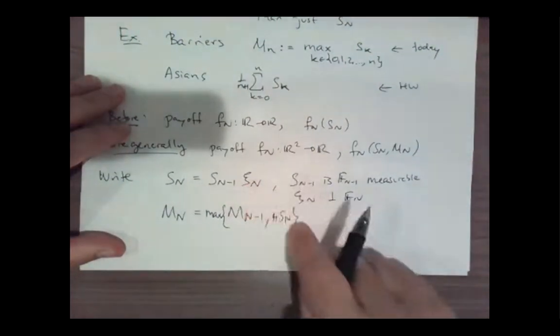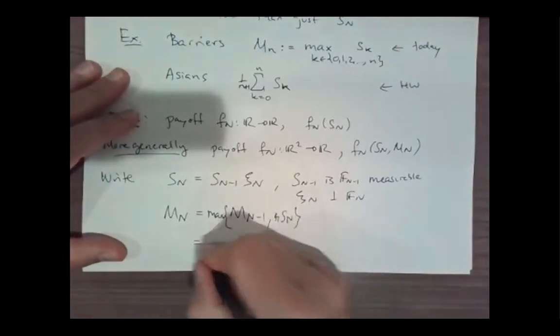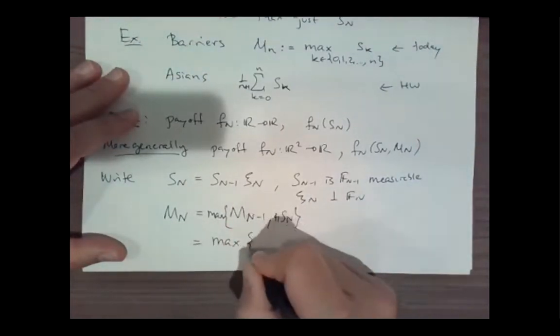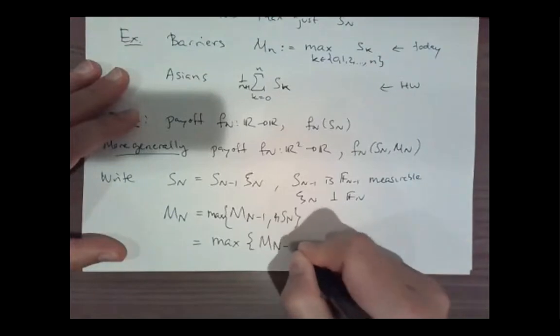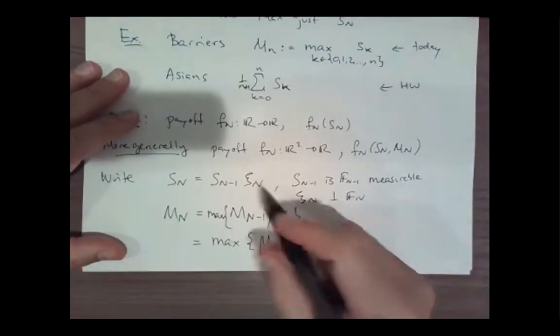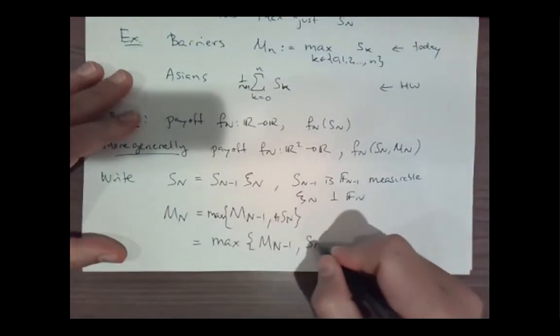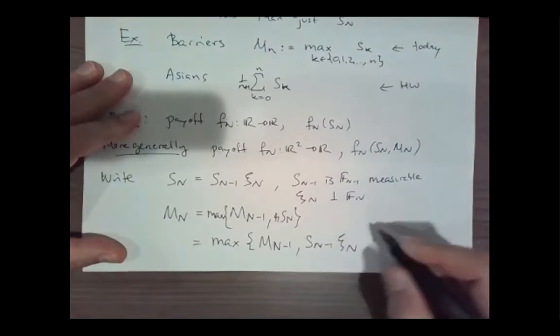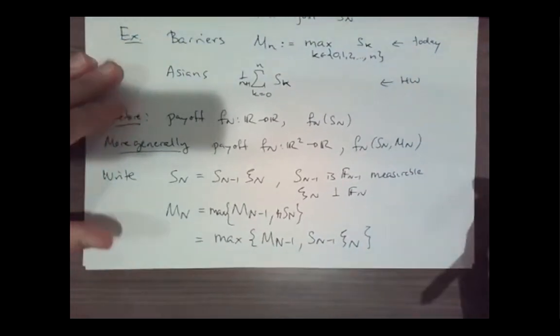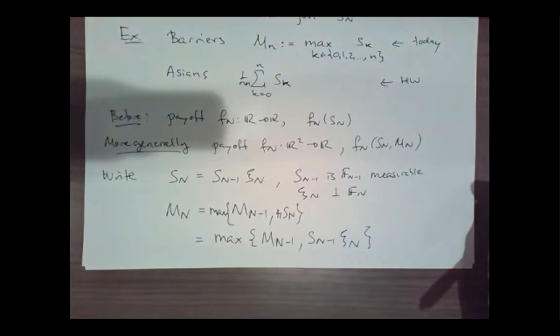Right, and then I plug in what I had before. So this is going to be the maximum of M n minus 1, and then instead of Sn here, I'll plug in this formula. So now it should be in good shape.